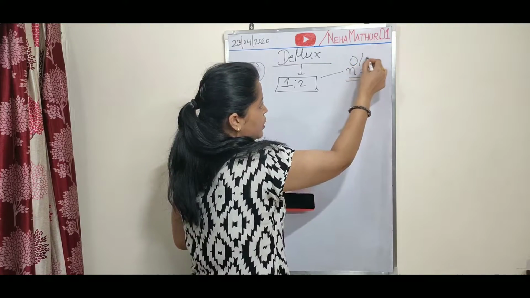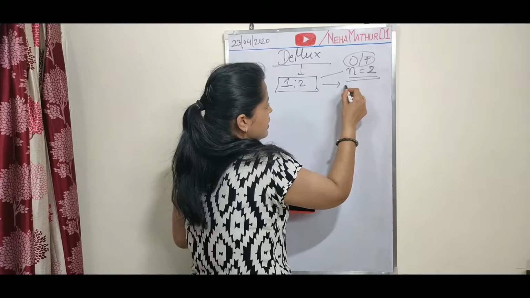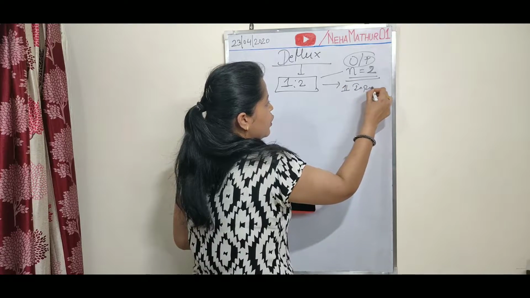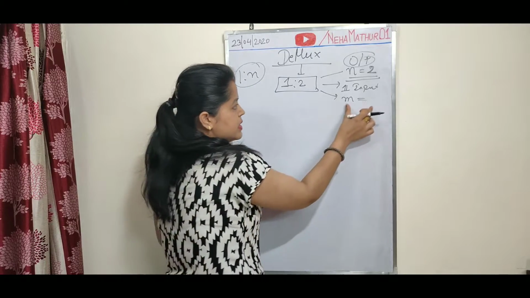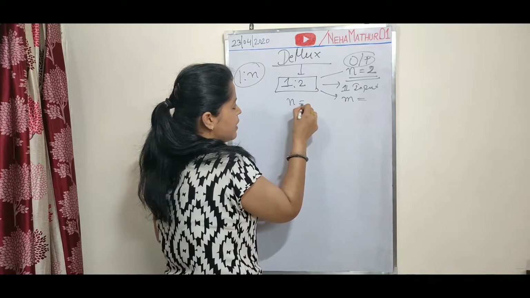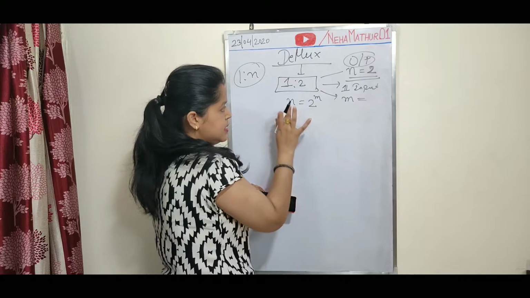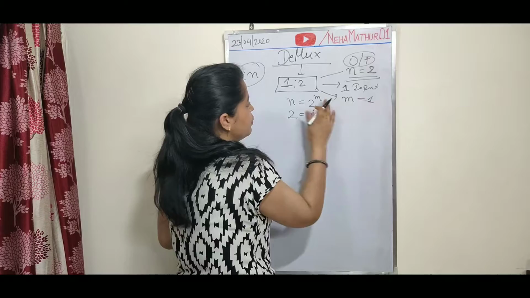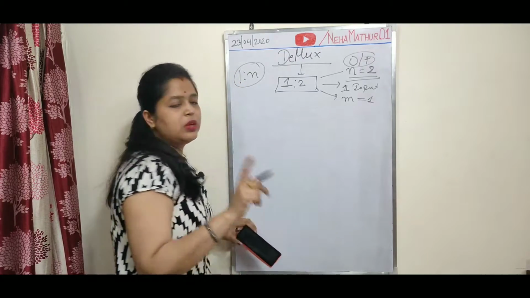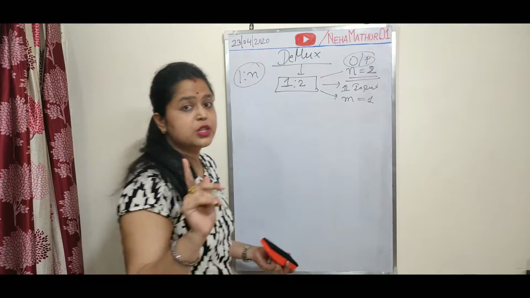That means 2 outputs, 1 input. And what about selection inputs? That means m. You can easily find out this expression with the help of n is equal to 2 raised to the power m. Since n is equal to 2, that means m will be 1. So for 1:2, you will have only one selection line represented by S0.